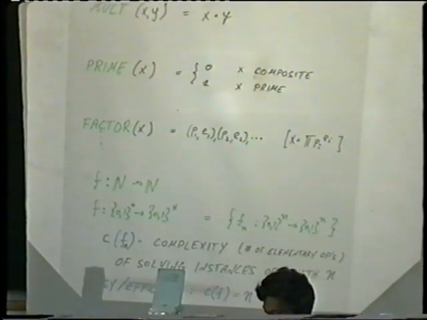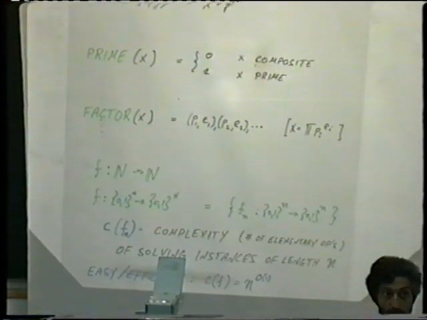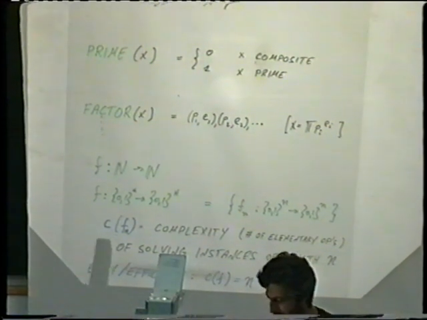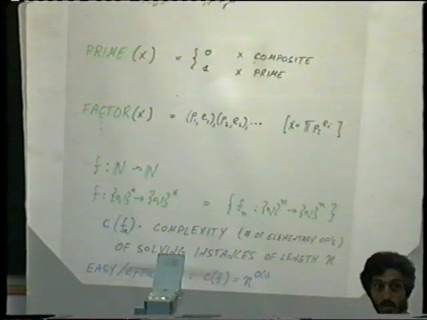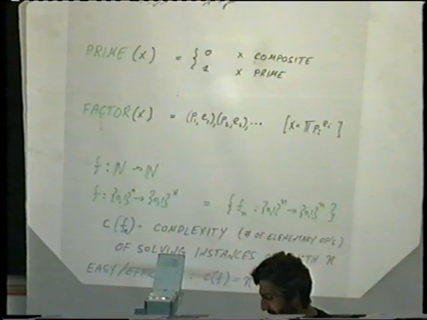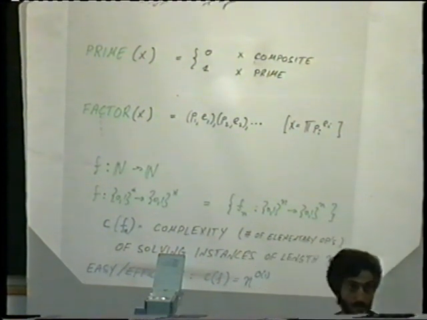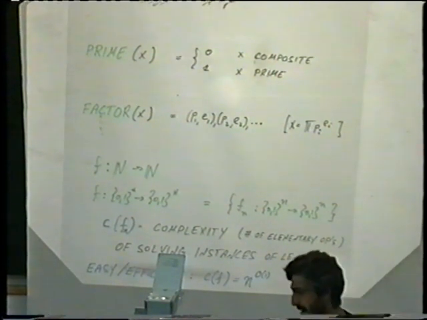One is that we are going to think of each function as actually a sequence of functions, one for every input length n. And the second is that we are going to study this sequence for each n. We are going to look at the worst case behavior most of the time. So this C of f will be a sequence of numbers that somehow capture the complexity of the function.